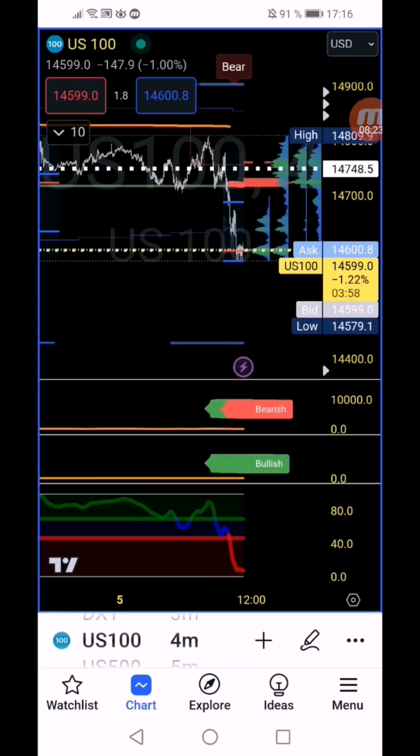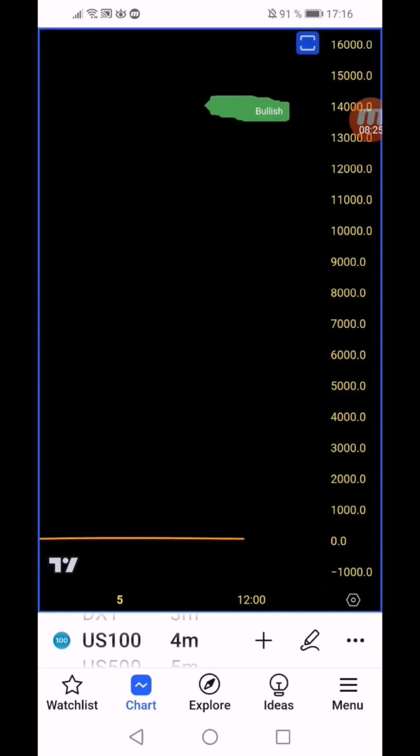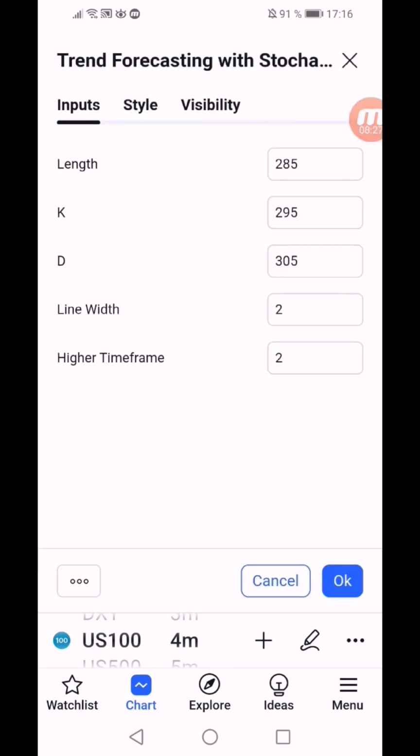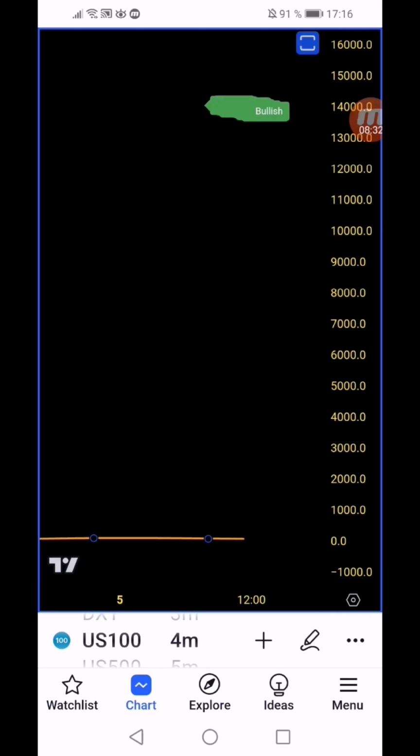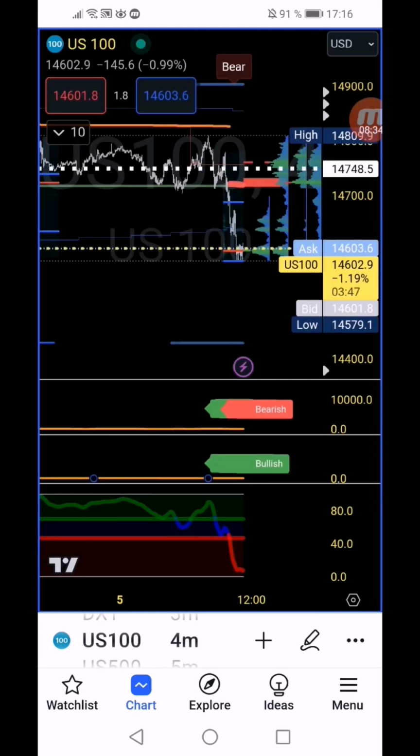And if I make it a little bigger, right, we have the different settings on that. That's for a longer period. So you see here, one is bearish, the other one is bullish.